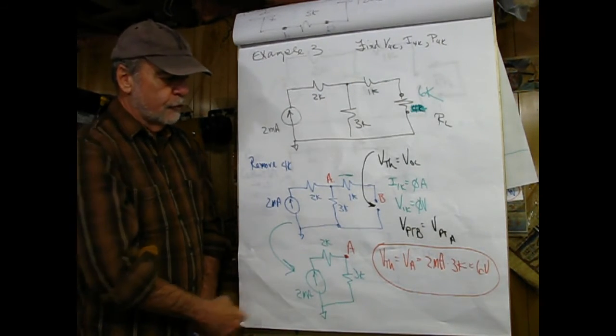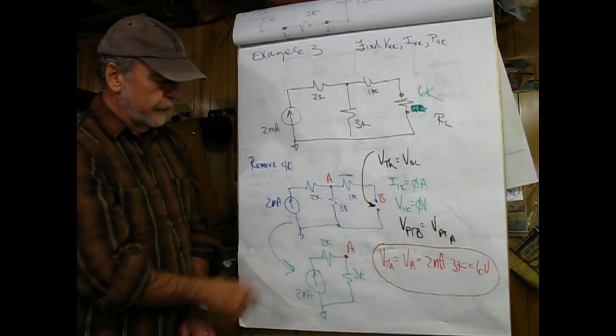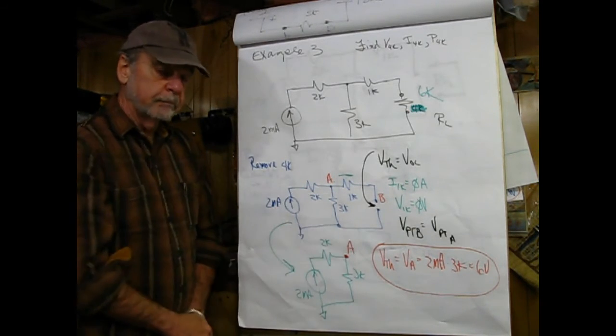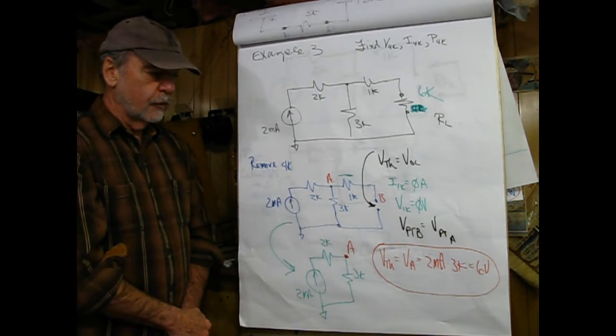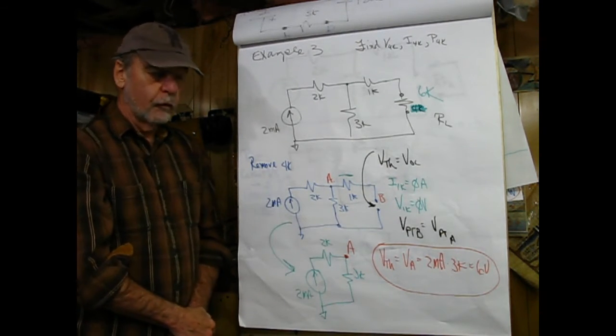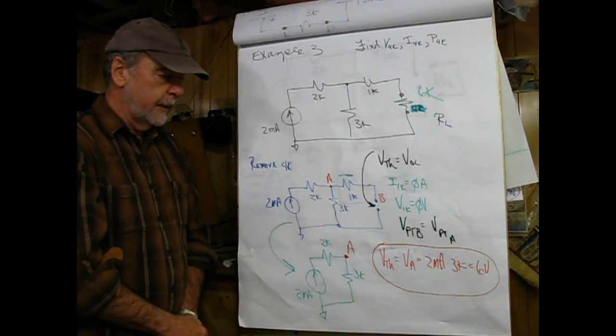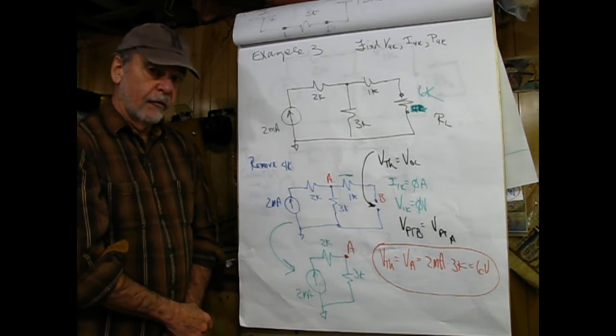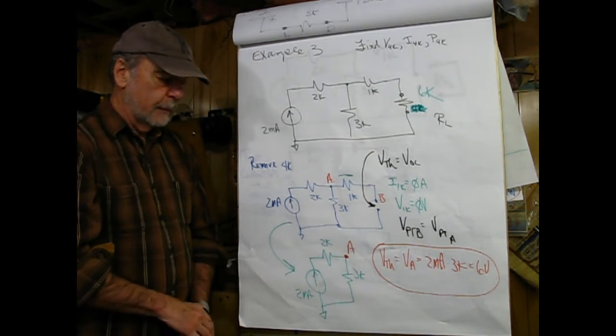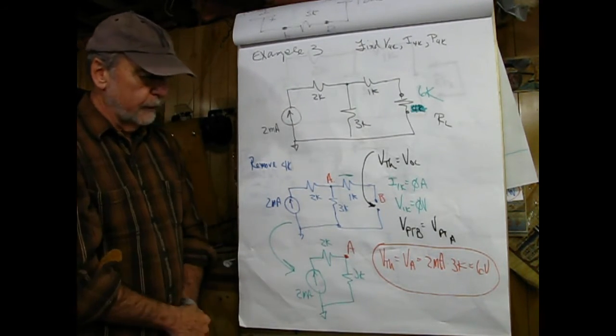So our first step is to remove the 4K from the circuit, and this is what we see when we do that. Again, since the current flow through the 1K resistor is going to be 0, we have a 0 volt drop across the 1K, meaning that the voltage at point A and point B are identical. Now finding VTH in this particular example doesn't matter a lot, but I'm going to do it anyway.